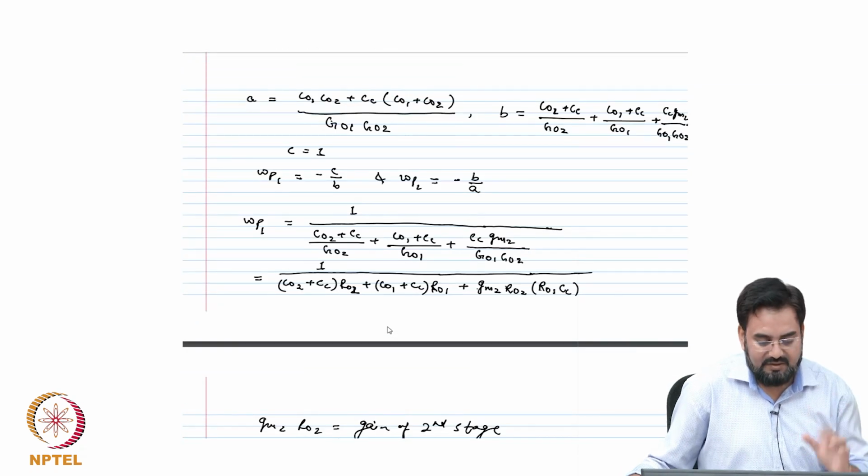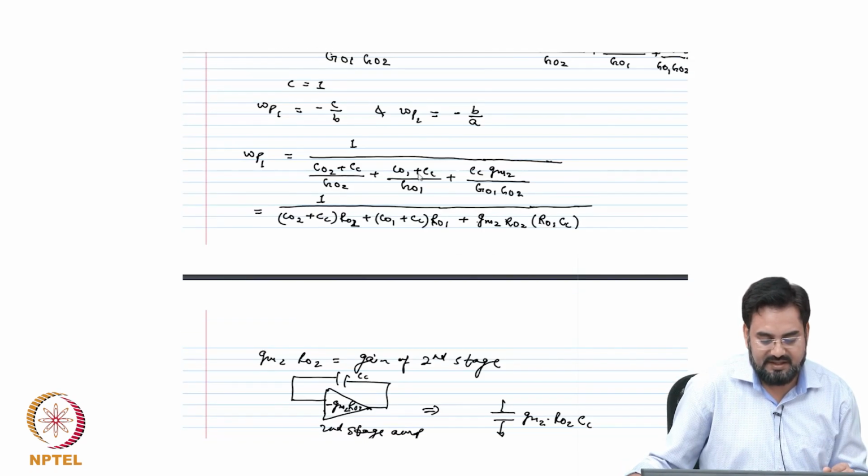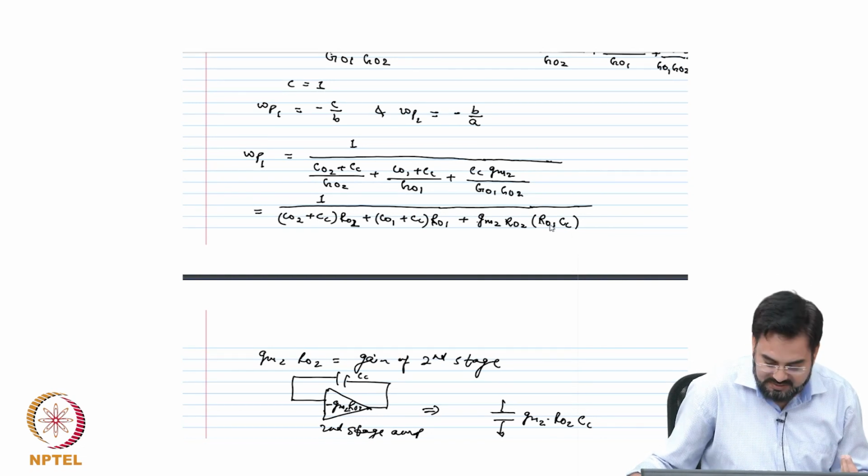So, from there we calculate, and this is what we find actually, and you can see here this is the Miller effect capacitor C c multiplied by. So, this was your original pole, R O 1 C O 1.